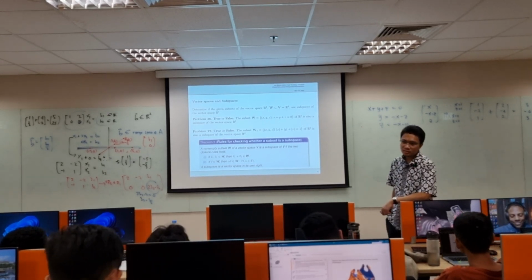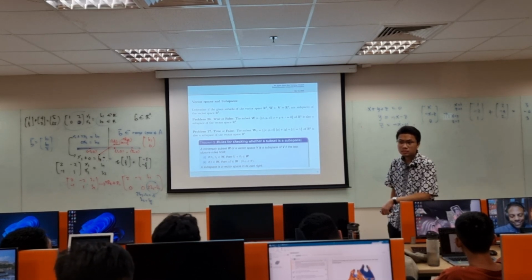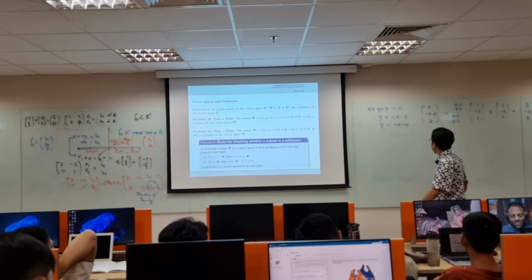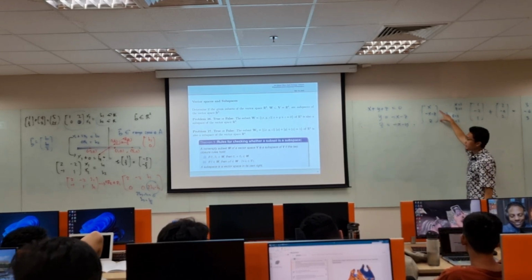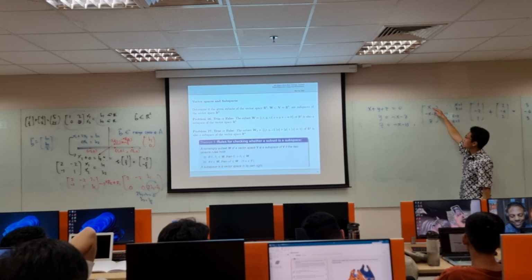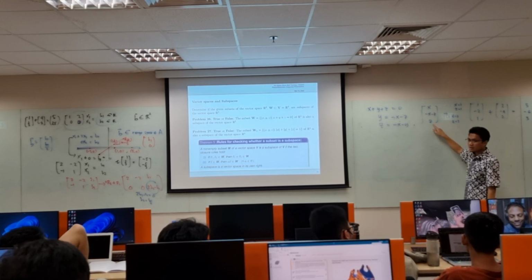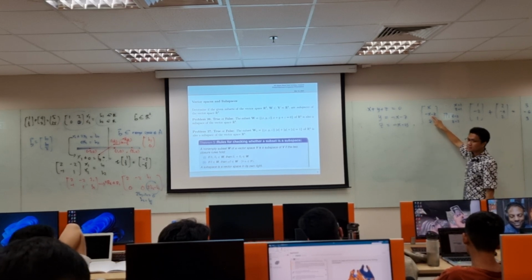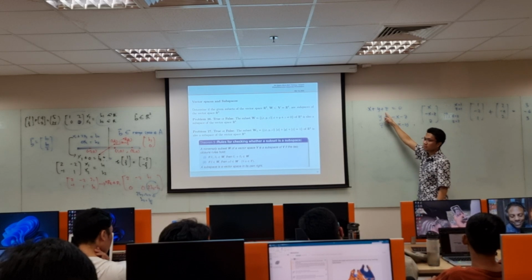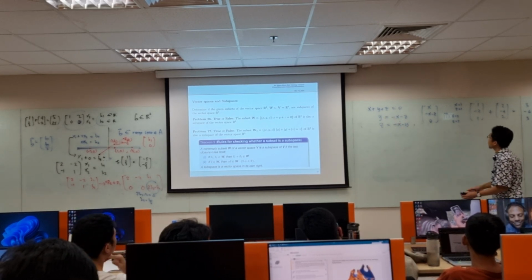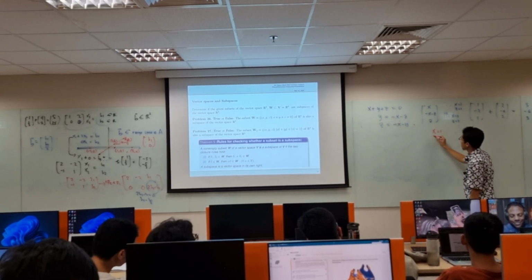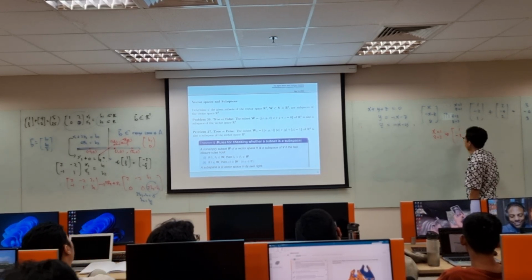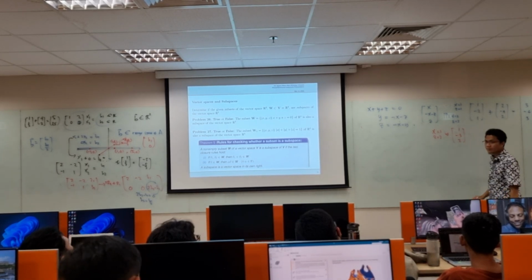Now, based on this, I can choose any x, and I can choose any z. Then y must satisfy this because of that condition. But I can also choose, let's say, x equal to 1, z equal to 2. What does it become? 1, -3, and 2.